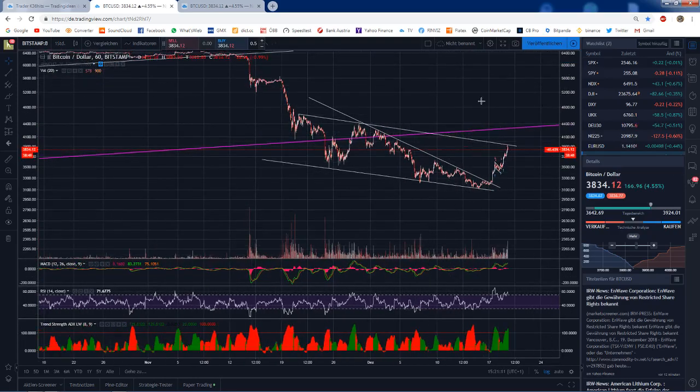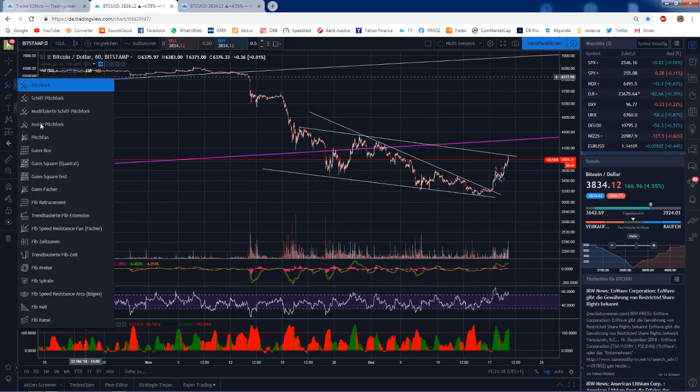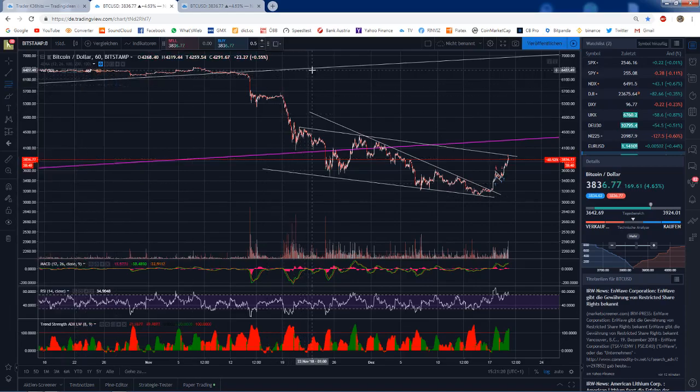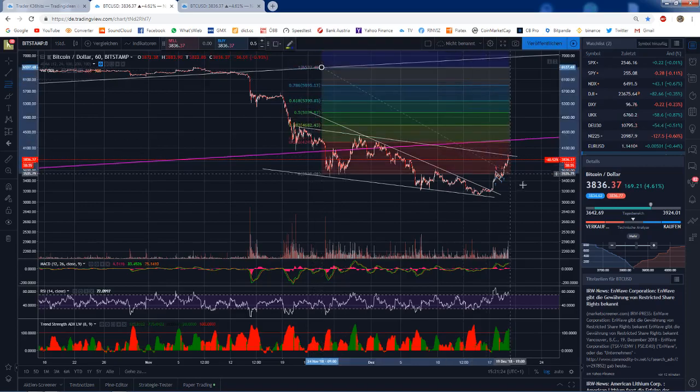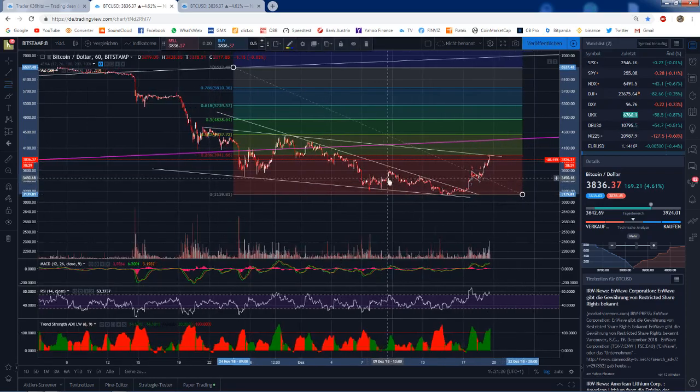So now we will also include a Fibonacci ratio. Like that. If you do it like this, from top to bottom, that was not right.